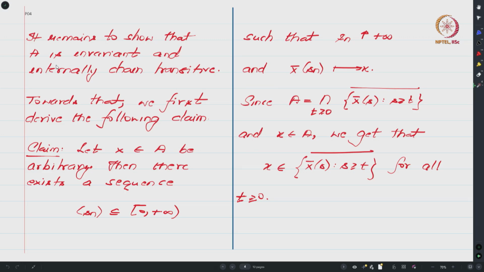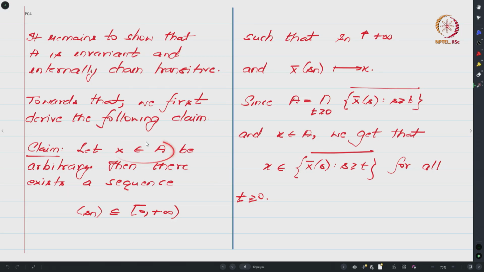The first thing we need to observe is that x bar Sn converges to x. In other words, x is the limit of this x bar Sn, and it is also a limit if you only consider the tail of this sequence. Let me restate this.